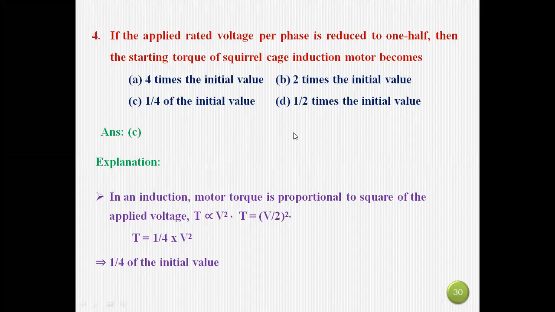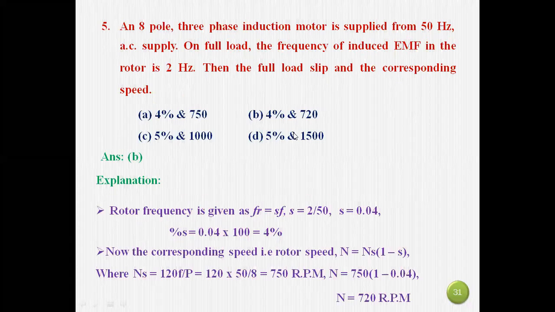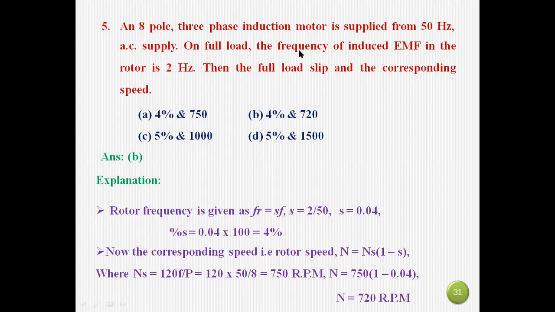Now we can solve another. Here the question is an 8 pole, P equal to 8, 3-phase induction motor supplied from 50 Hz, F equal to 50 Hz, on full load. The frequency of induced EMF in rotor on full load is 2 Hz.